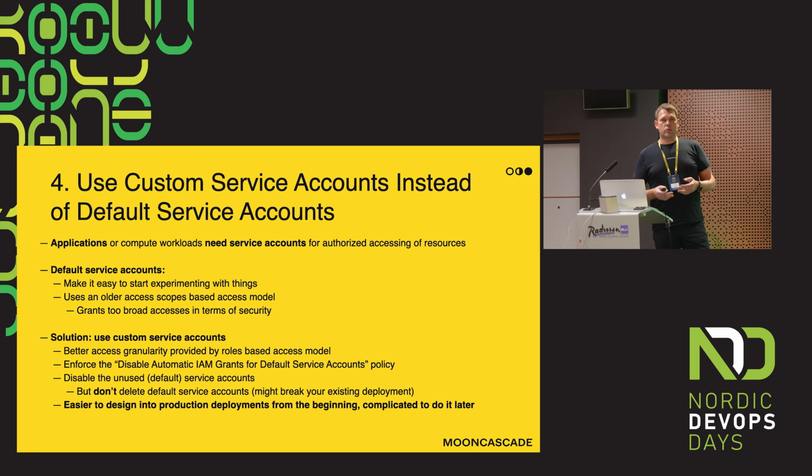At the same time, when you start using custom service accounts, you can also enforce another policy, which is called disable automatic IAM grants for default service accounts. This eliminates the problem that these default service accounts that are created will automatically have too much access anywhere. And in the end, you can also disable those default service accounts.